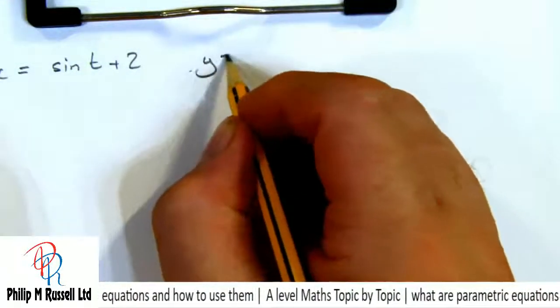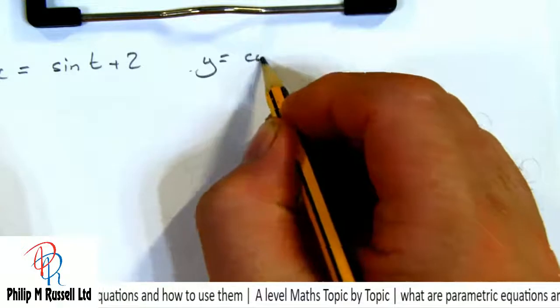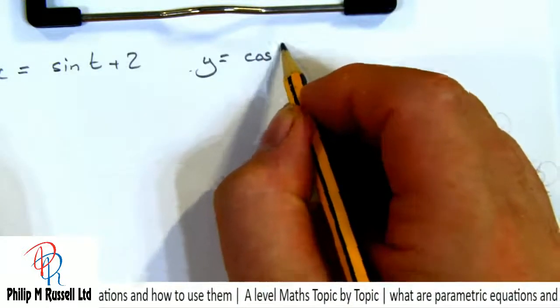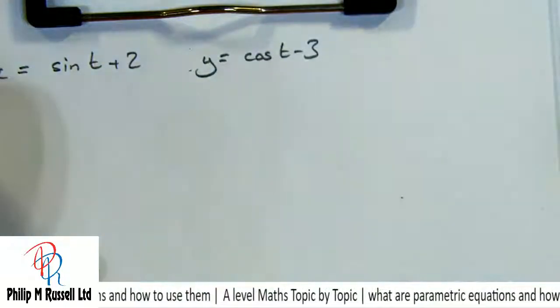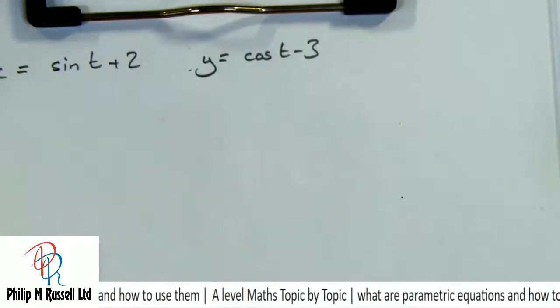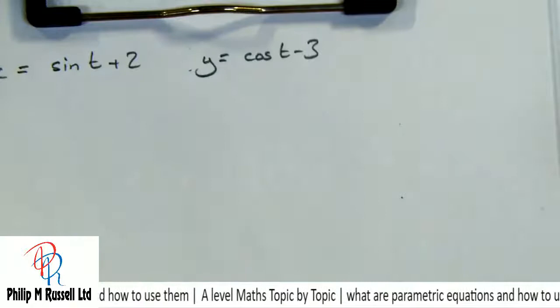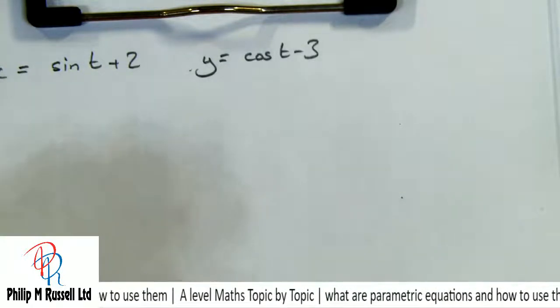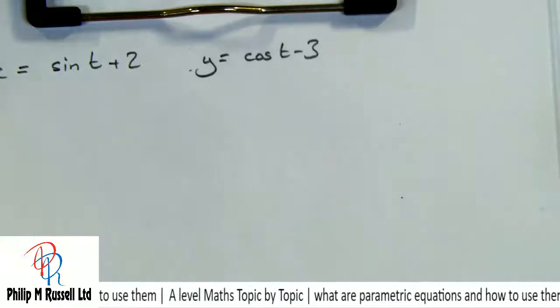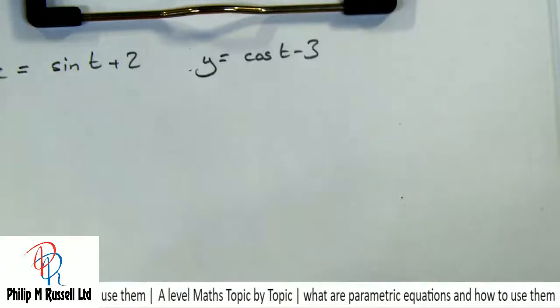I'm told that y equals cos t minus 3, where we're told that t is some sort of real number. And let's see if we can do anything.